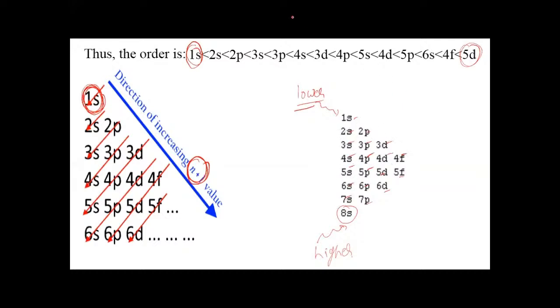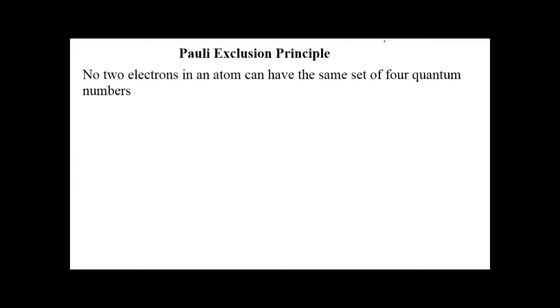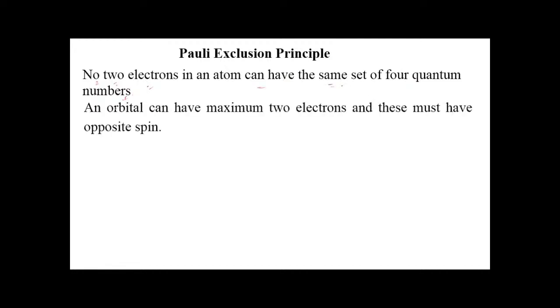Now we will discuss the Pauli exclusion principle. According to the Pauli exclusion principle, no two electrons in an atom can have the same set of 4 quantum numbers, or an orbital can have a maximum of 2 electrons and these must have opposite spin.